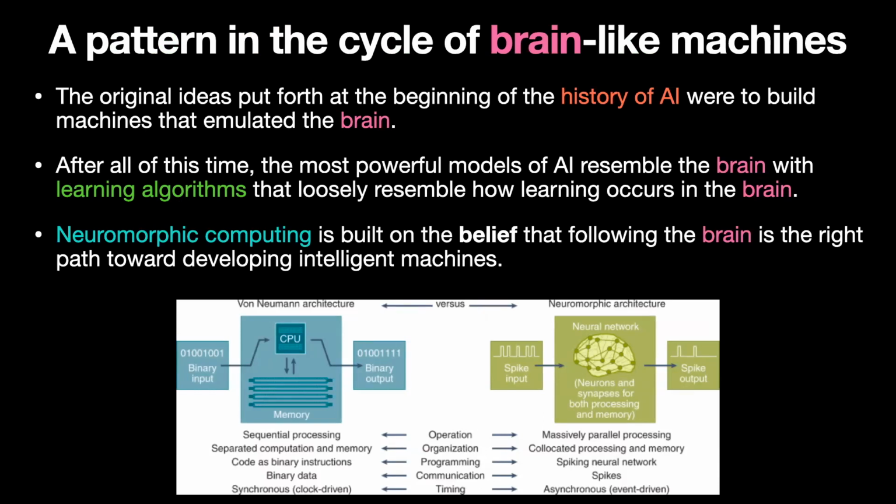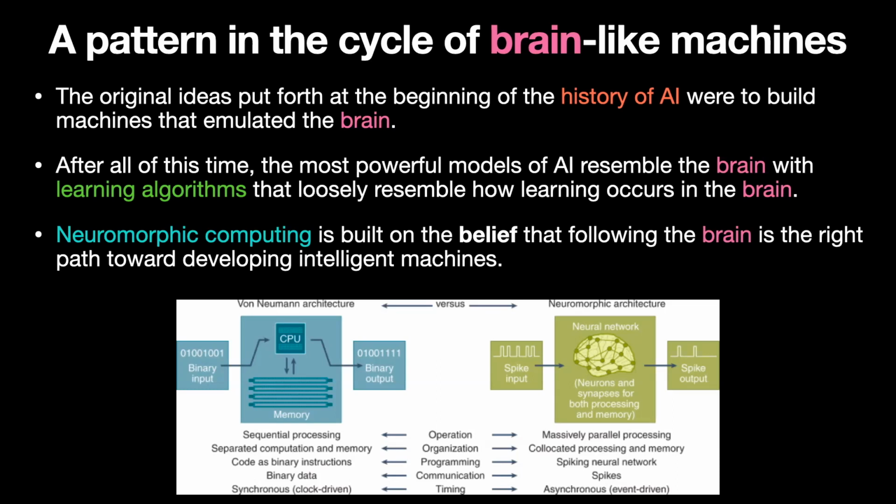There's been a pattern in all these rises and falls, and it's that the original ideas put forth at the beginning of the history of AI were to build machines that emulate the brain. And after all this time, the most powerful models of AI still resemble the brain, with learning algorithms that loosely resemble how learning occurs in the brain.